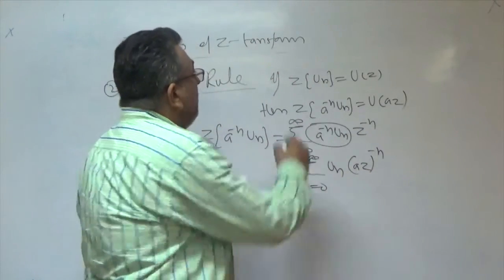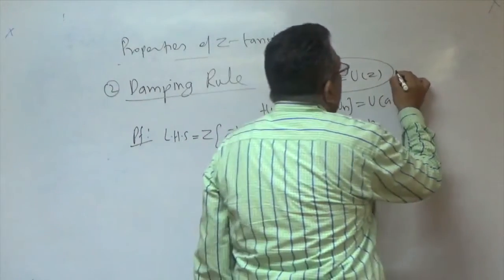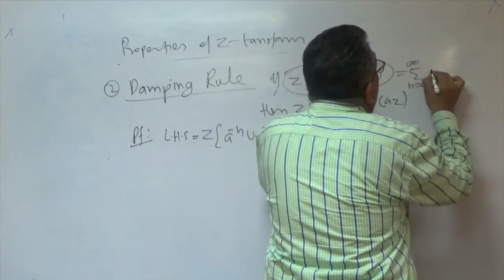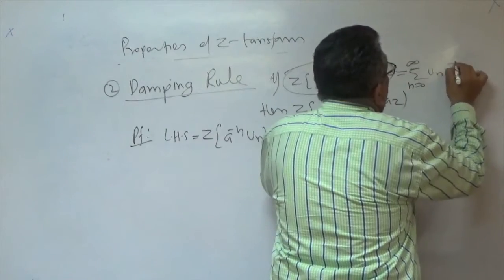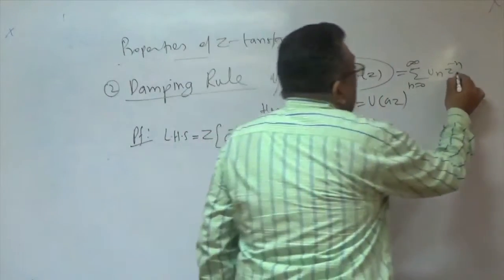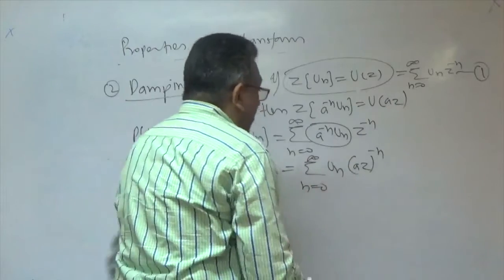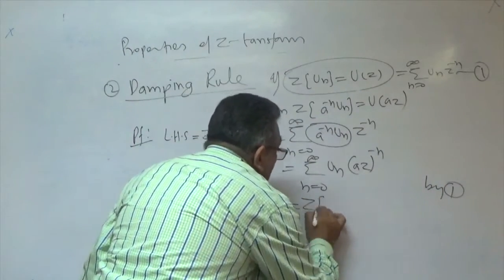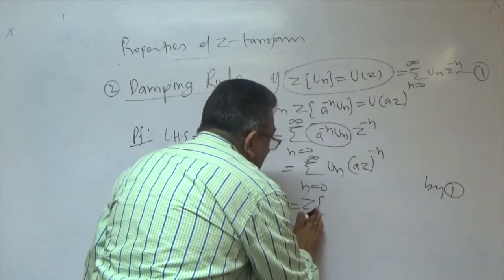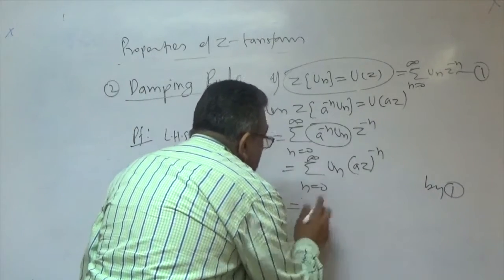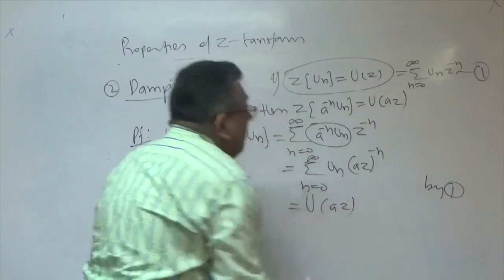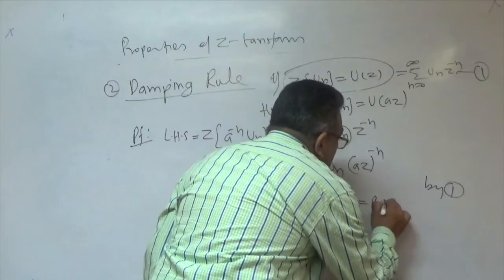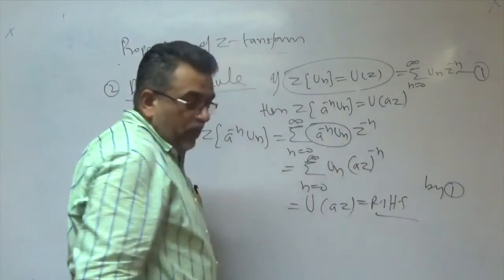Now, you know that u of z is sigma n equal to 0 to infinity un z to power minus n. By equation 1, it can be written as the Z transform u of az, and this is your right hand side of this property.